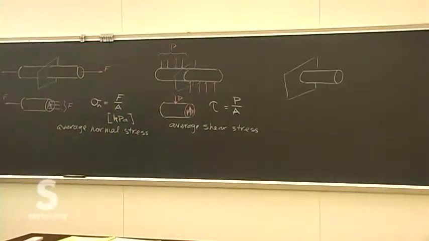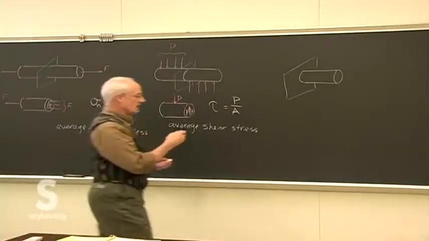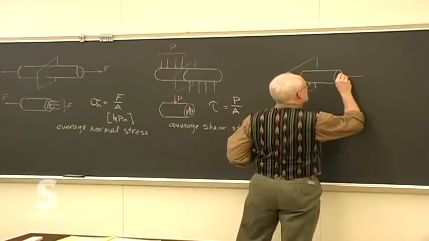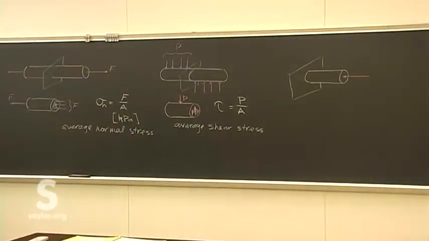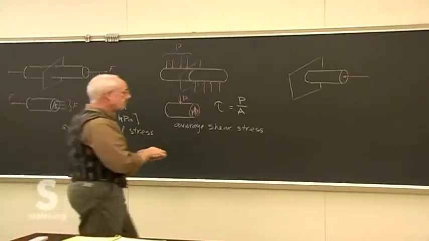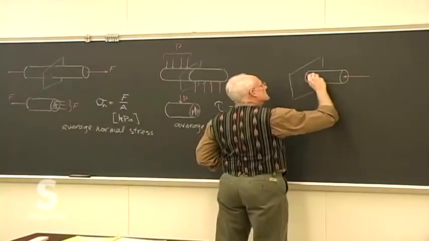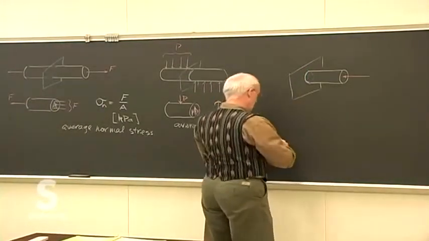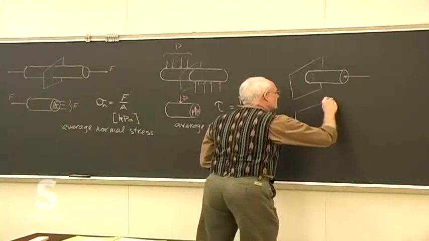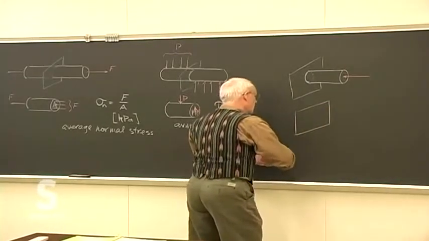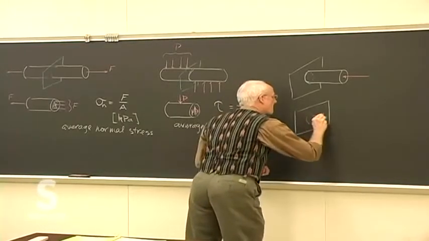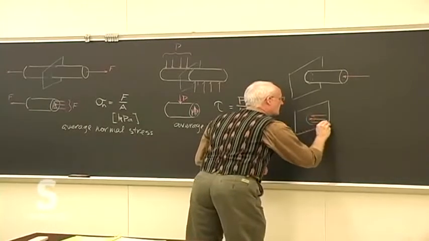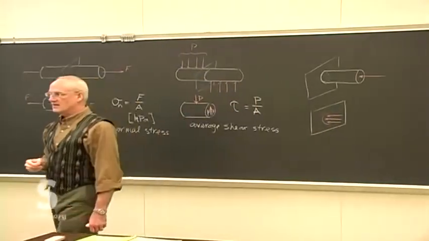And that's that sometimes one member is simply bearing on the surface of another member, and at that interface where they connect, which in this case is this base piece here, at that interface where they connect, there's a bearing force, as one member presses on the other.